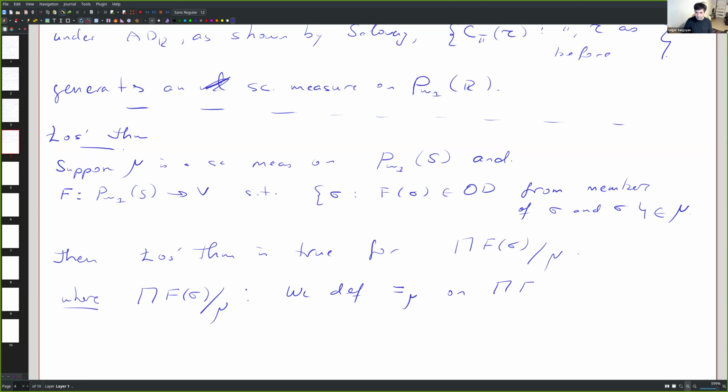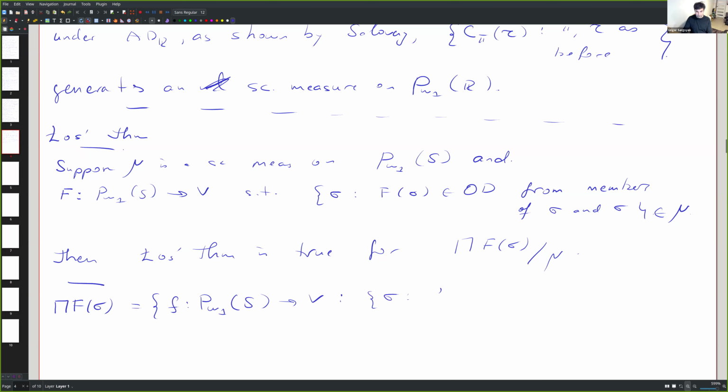The product is just the set of functions from the omega 1 of S into V such that the set of sigma where f of sigma belongs to f of sigma has measure 1.